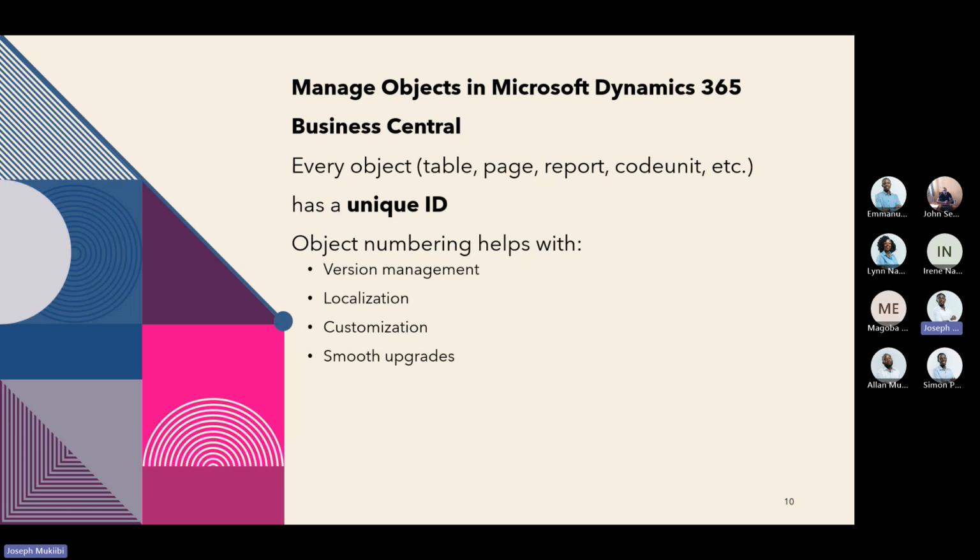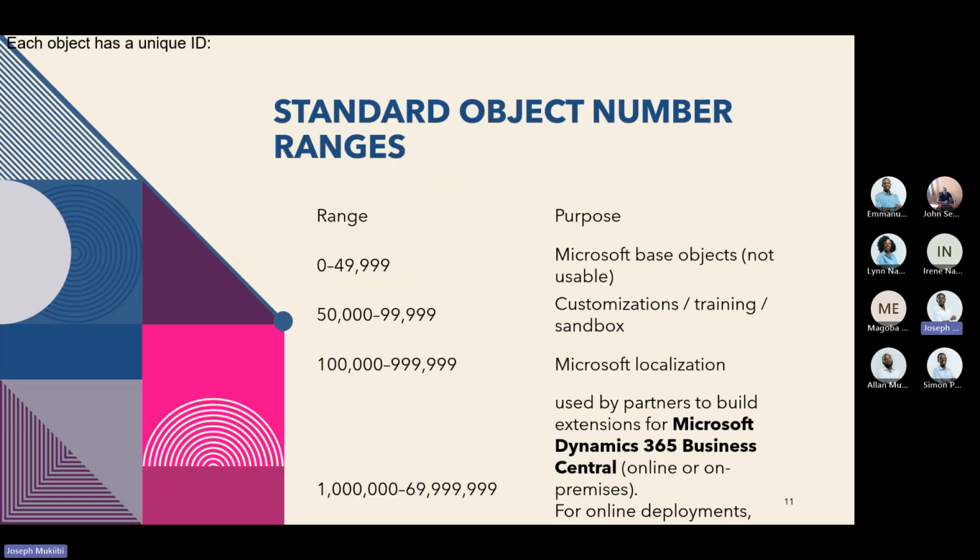Object numbering helps with version management, localization, customization, and smooth upgrades. I think some of us face some challenges with the IDs when we're doing upgrades. So I can just move on to the next.